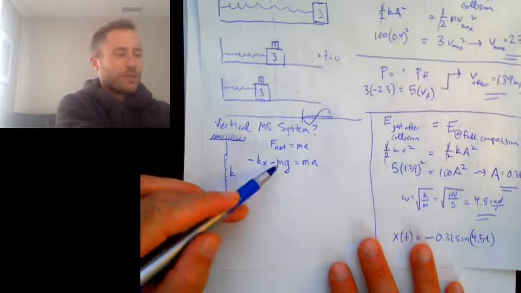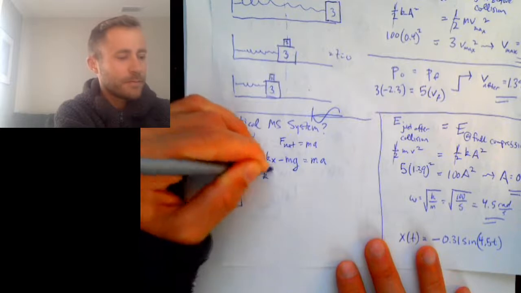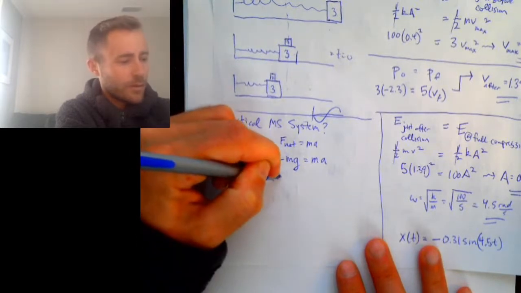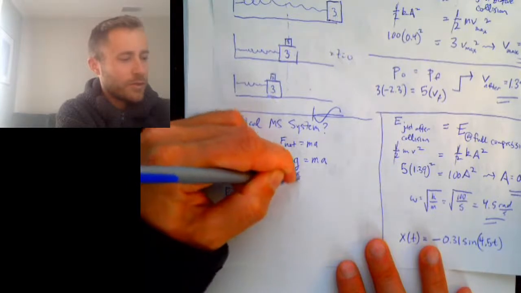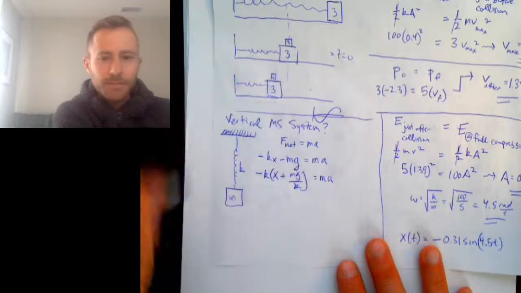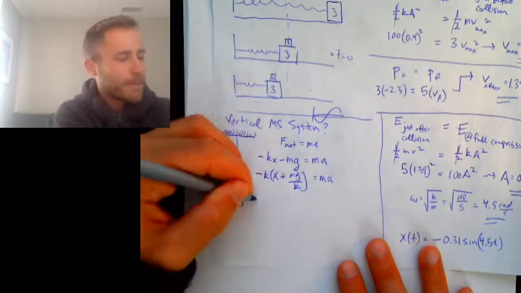So what I'm going to do is go ahead and factor out a negative k on the left-hand side. So that gives x plus mg over k. That's a. And then I'm going to divide both sides by m.